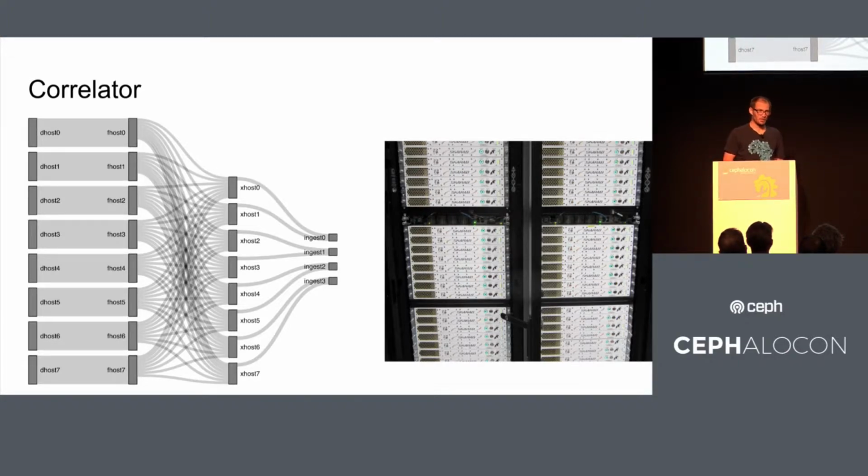So we have a correlator. And this slide itself is a very interesting and fun talk. But the correlator allows us to reduce the data to a very manageable data size. At the moment, at the peak, it will be something like 24 or 28 terabytes for an 8-hour observation.